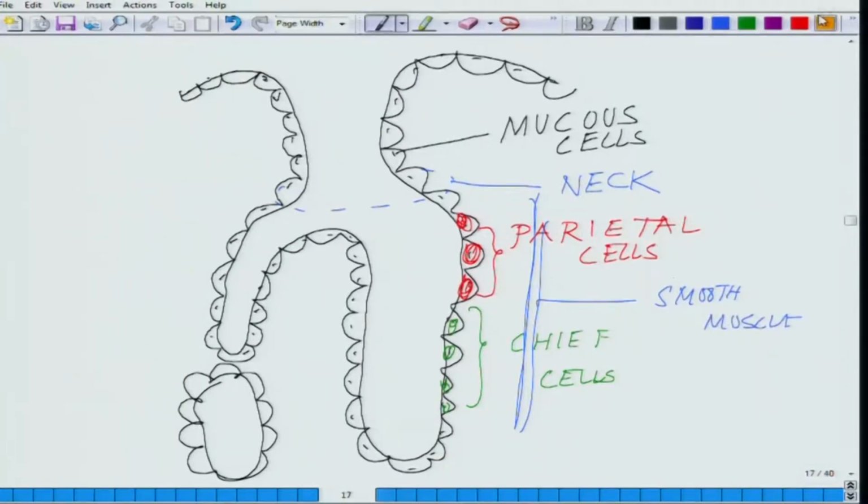Very underneath, out here, you have certain cells called G cells. So each one of those pits I have drawn is formed of chief cells, parietal cells, and the G cells.